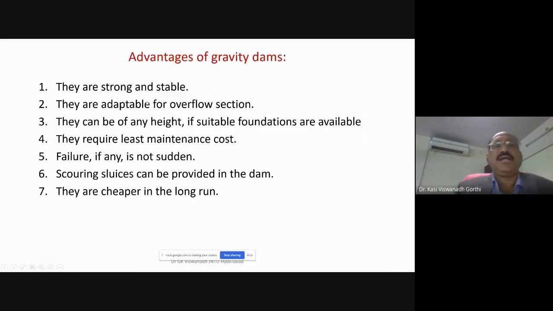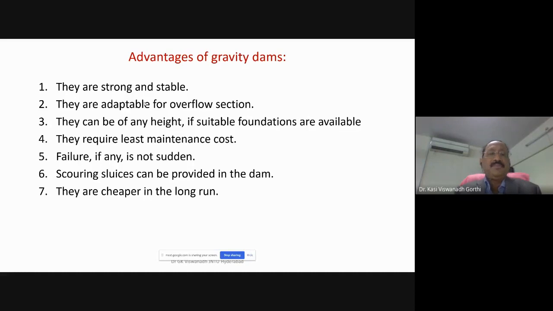The advantages of the gravity dam: they are very strong, they are very stable, and because you are using masonry or concrete, an overflow portion also can be constructed in the middle of the dam itself wherever required, at a suitable location. Another advantage with the gravity dam is they can be constructed to any height. As high as 800 meters we have dams. To any height the dams can be constructed, provided you have a suitable foundation available for it. Maintenance cost of gravity dams also is very less.